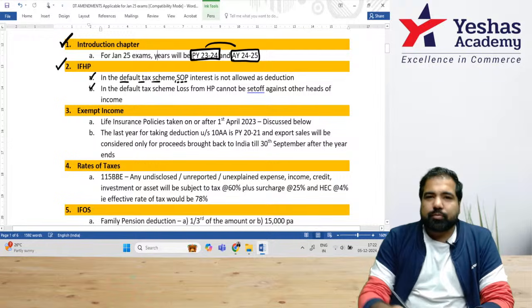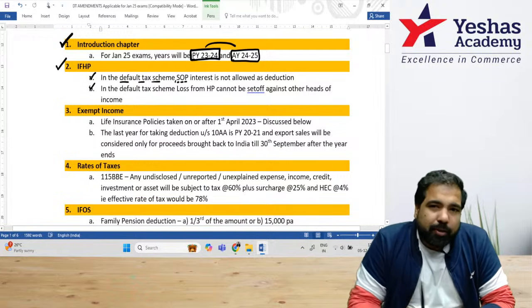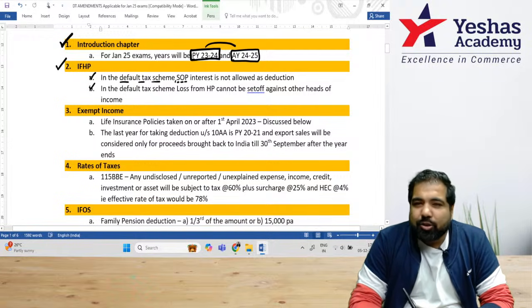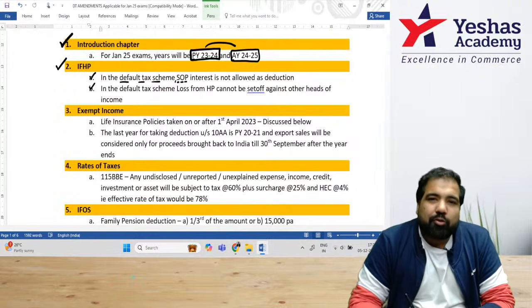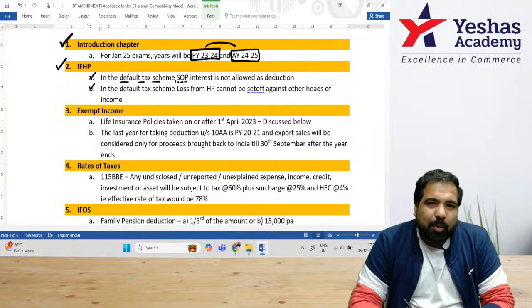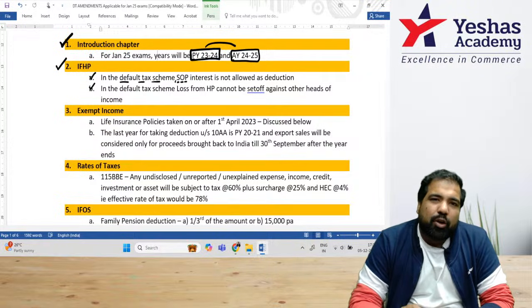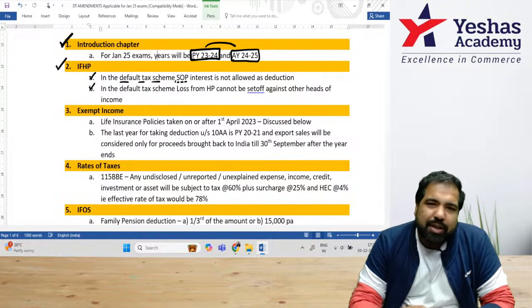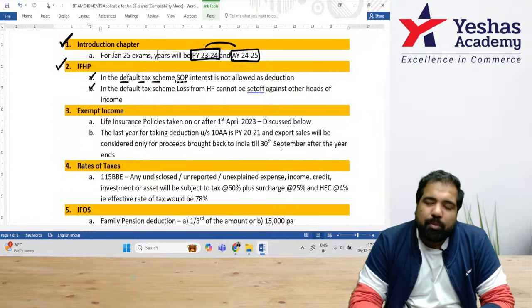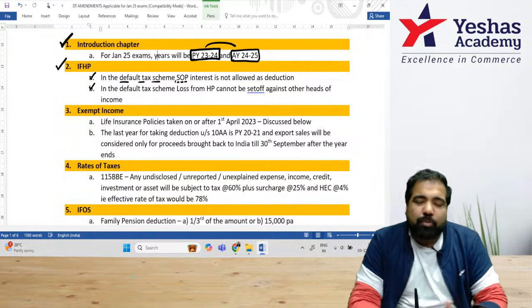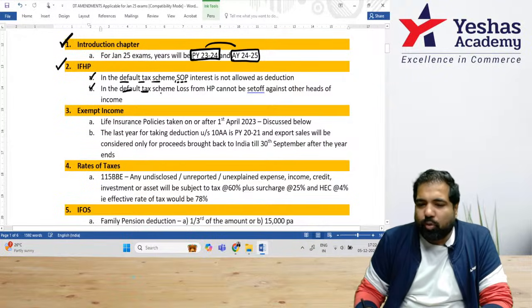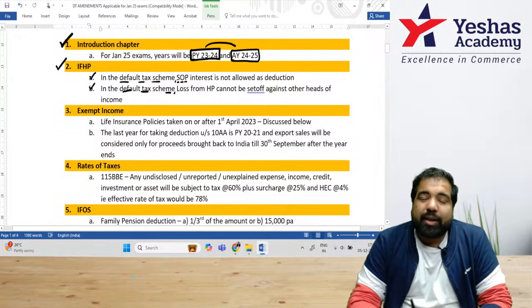Second thing, if you had a loss from house property earlier, remember guys, scratch your head, remember there was a chapter called set off. In that, if you had a loss from house property, first you would set it off within the family, and then if not, you would go outside. You could go to salaries, you could go to PGBP, but now, again in the default tax regime only, this loss from house property cannot go outside.